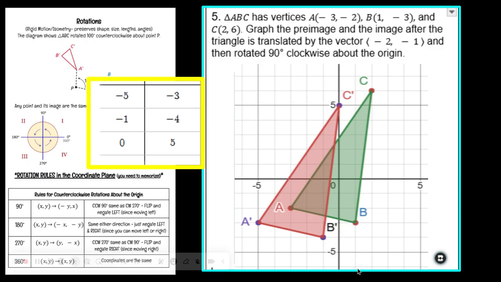If I'm pointing to the left-hand side, I will switch the direction of the number on the left. So if it's a negative number, I will switch it to positive. If it's a positive number, I will switch it to a negative. And if it's pointing up, I keep the numbers exactly the same.